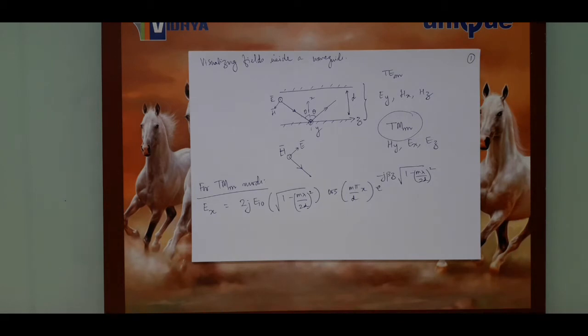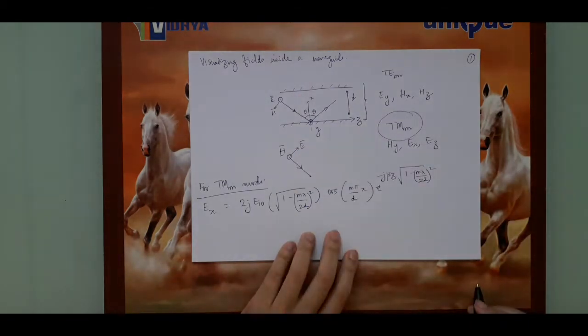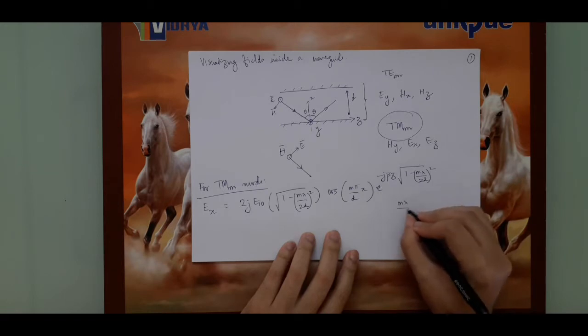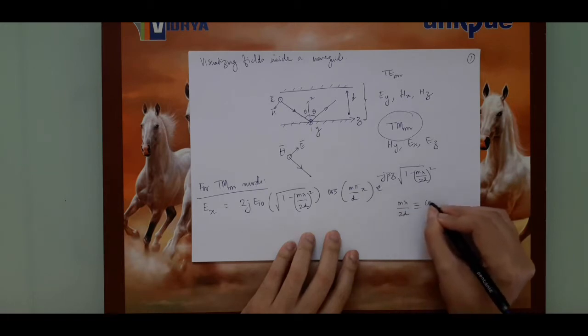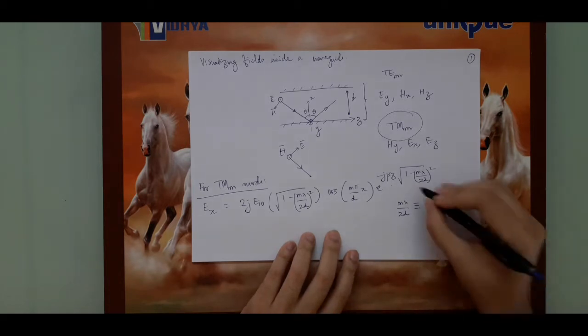So we had actually proved that this m lambda by 2d is nothing but cos of theta. So effectively m lambda by 2d is nothing but cos theta, and this quantity inside the root becomes sin theta.